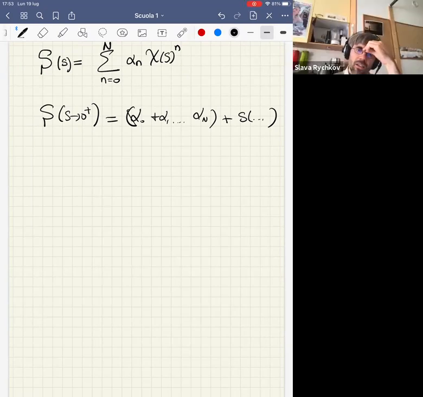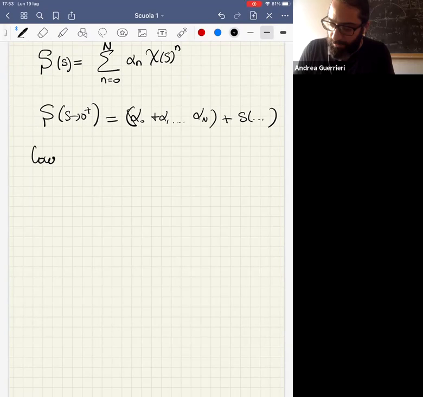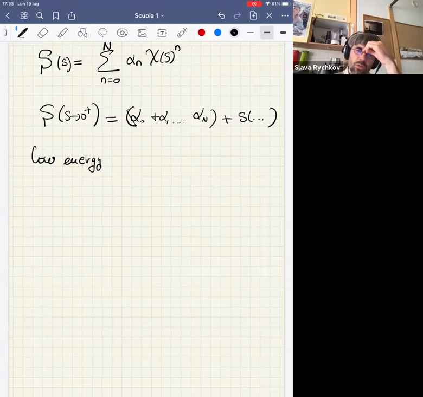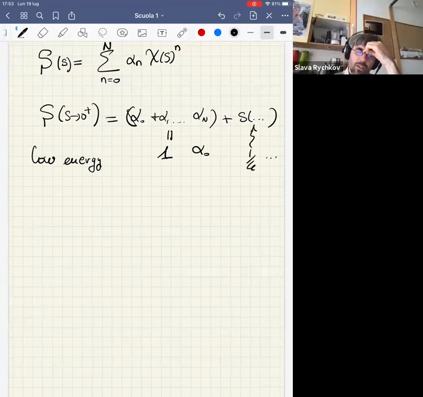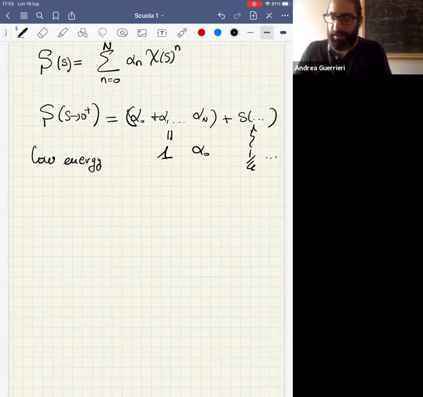Okay. So we want to impose the low energy behavior because we are scattering Goston particles. So what do I impose? You impose, for instance, that this is equal to 1, solving for alpha 0, and then you impose that this coefficient is 1/4, and so on. Okay, so impose up to the order that you are interested in, right?